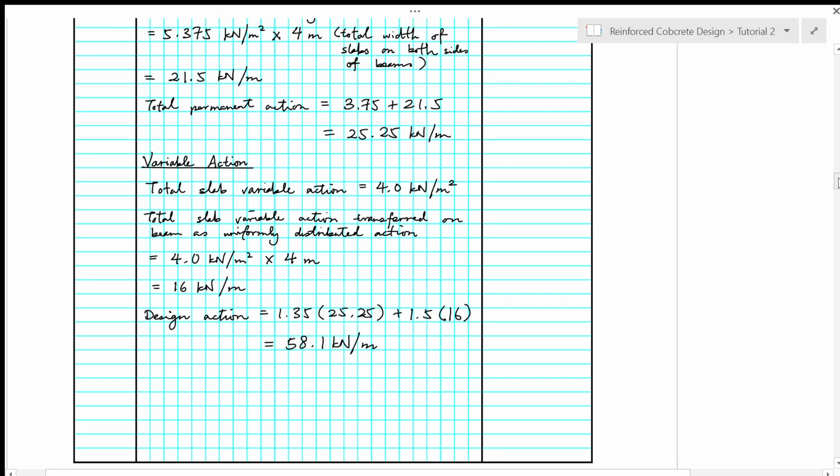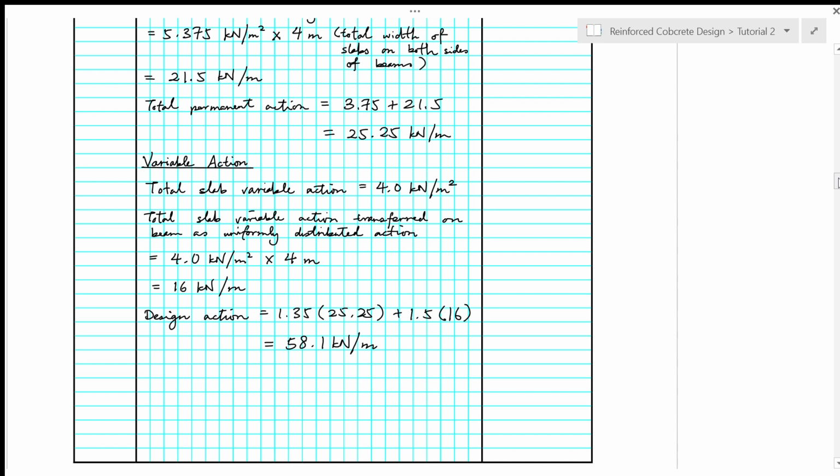For variable action, the total slab variable action given in the problem is 4 kilonewton per square meter. To convert this force per unit area, it's the same way of how we calculate the permanent action. So we just use the width of the slab that is transferring the action onto the beam.